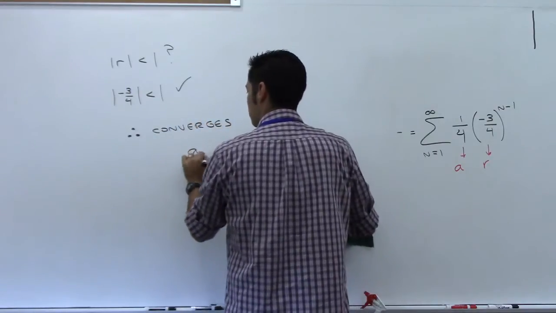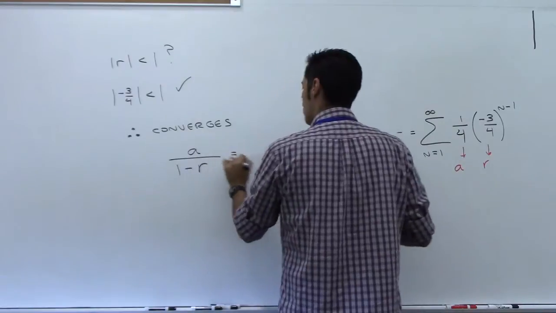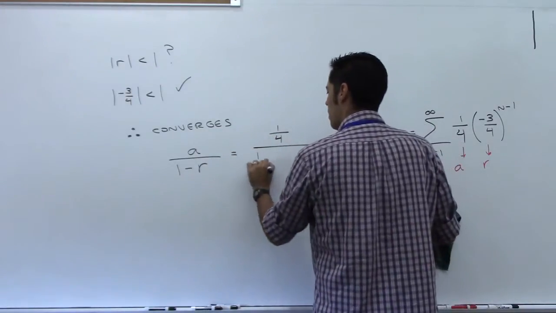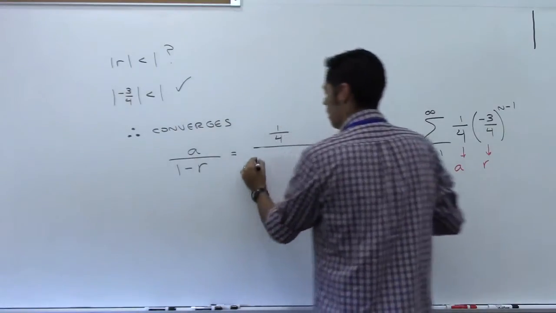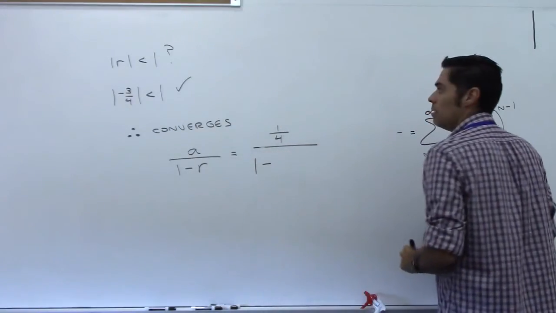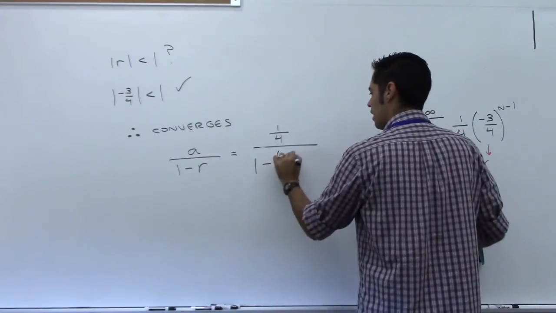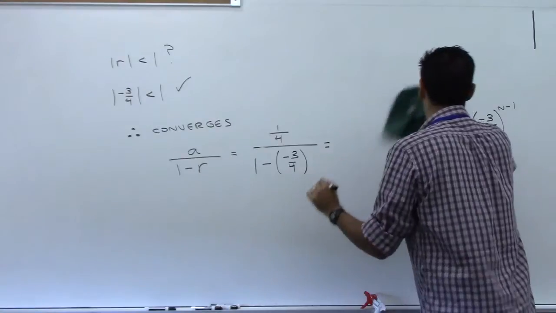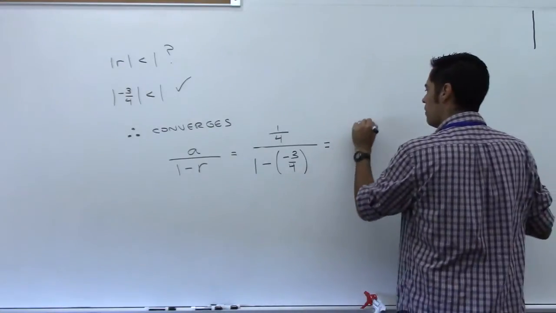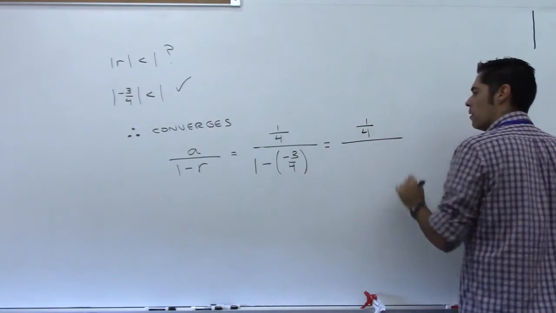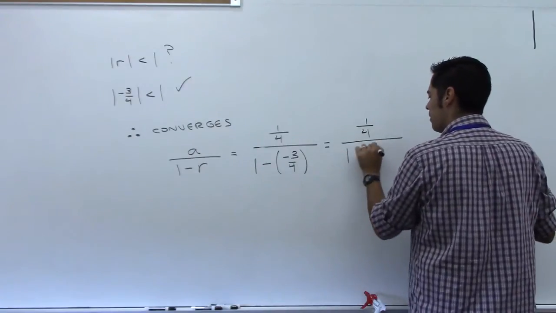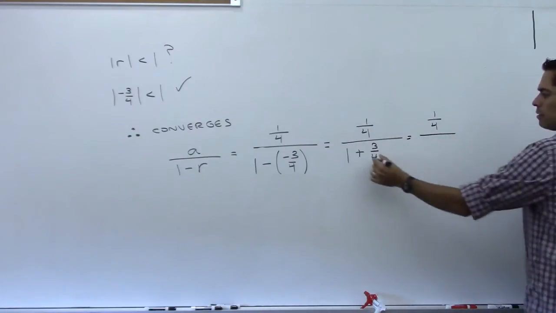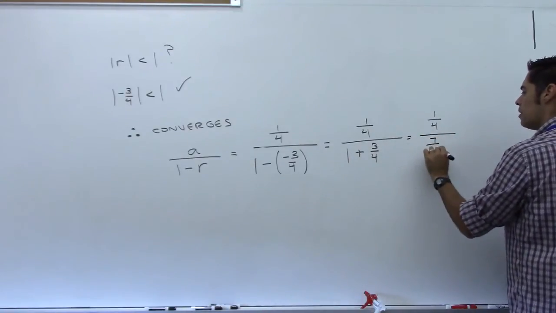And what does it converge to? A over 1 minus r, which is going to be a, 1/4, over 1 minus r, which is negative 3/4, which is 1/4 over 1 plus 3/4, which is 1/4 over 7/4.